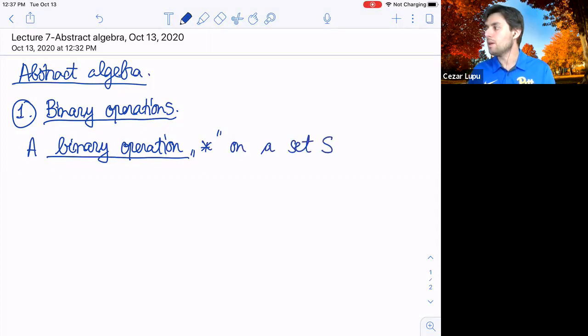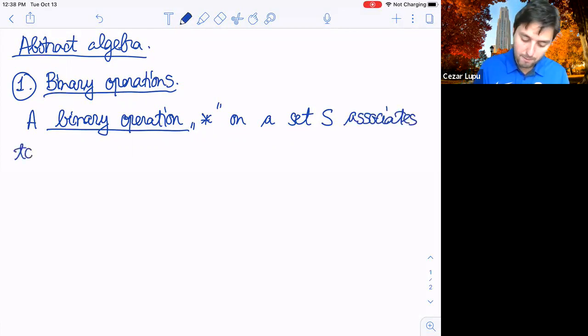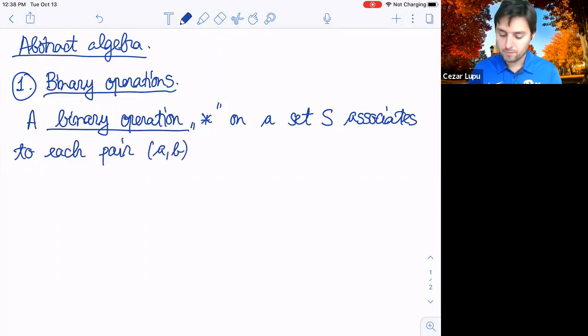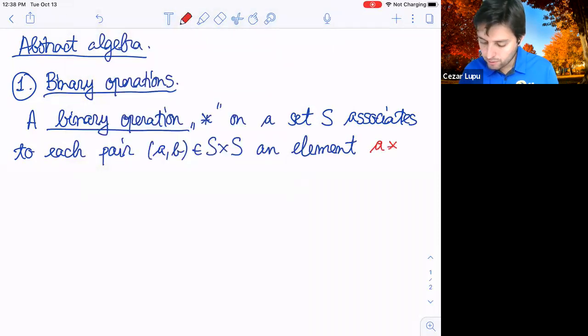a binary operation associates to each pair, let's say (A, B), of elements A, B in S cross S, an element, and I'll denote this element by A star B. You see, this is the operation.